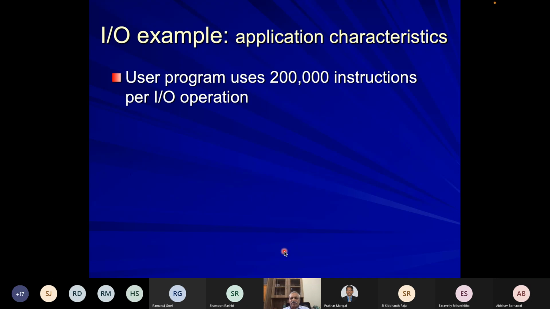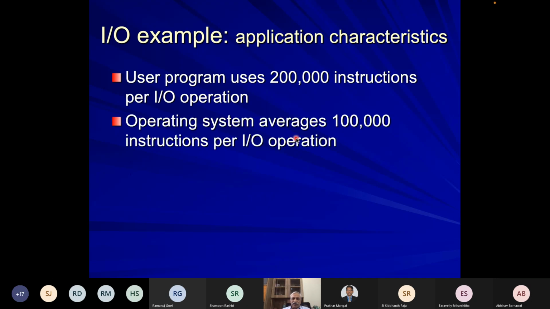We are running a program which requires lots of IO operations, and the processor executes so many instructions per IO operation. Not only do user programs spend some instructions, there are 100,000 instructions executed by the OS also.